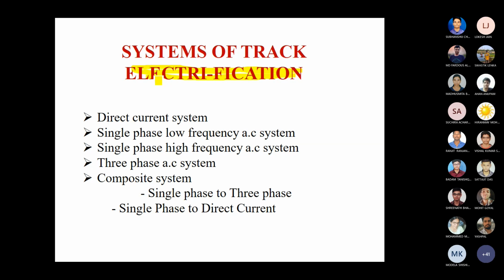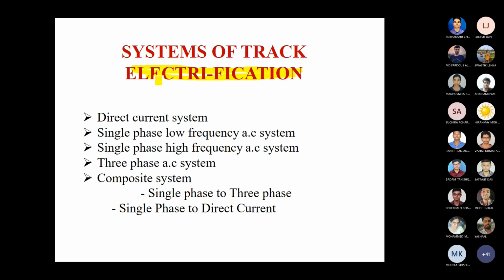Then there are single phase low frequency AC systems and single phase high frequency AC systems. Normally the frequency we use for the supply is 50 hertz. But in some cases the locomotive also has some emergency power supply, suppose a battery bank, with bidirectional chargers for the battery banks.